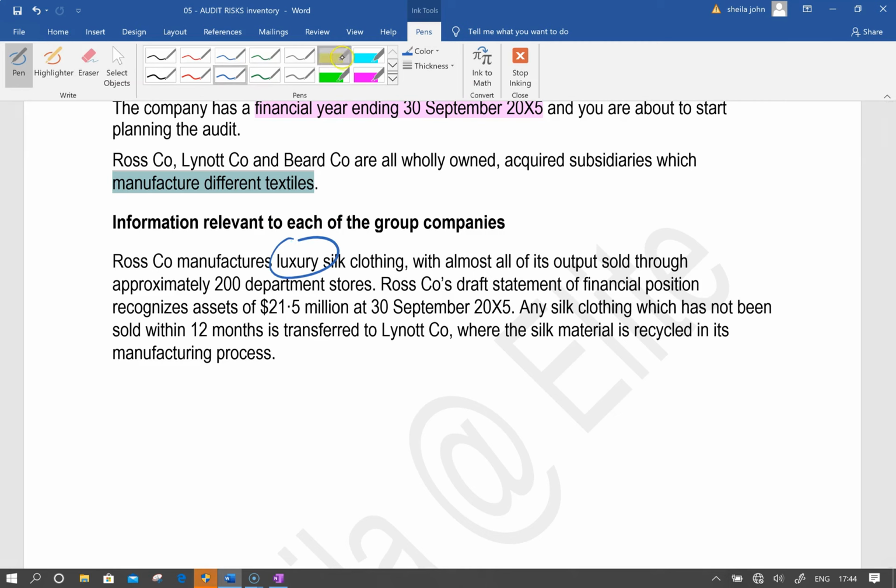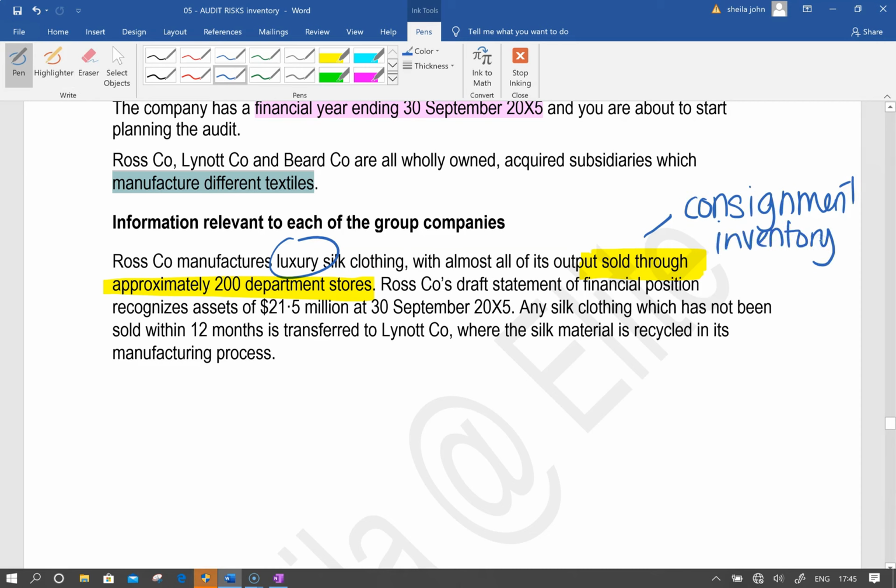But the thing here is that it says that the inventory is sold through department stores and not sold to. So if you're selling it through, then you are dealing with consignment inventory here and consignment sales. So if it's consignment sales, it cannot be recognized.